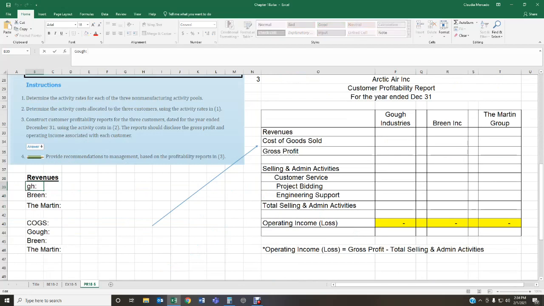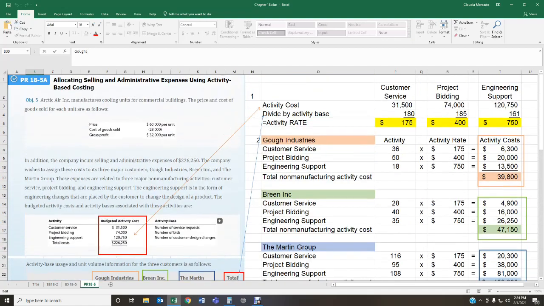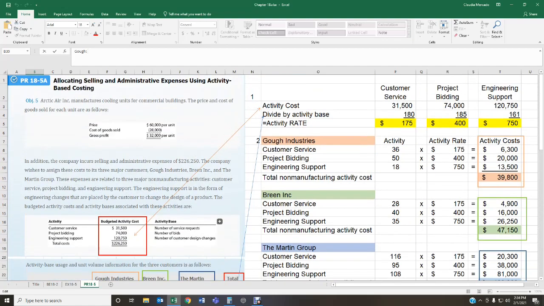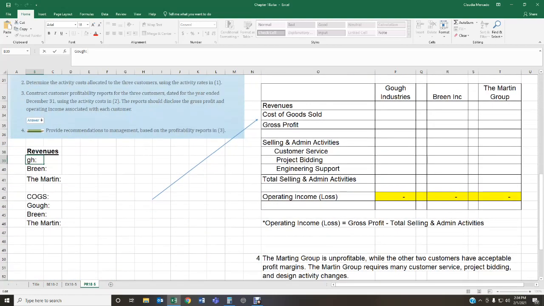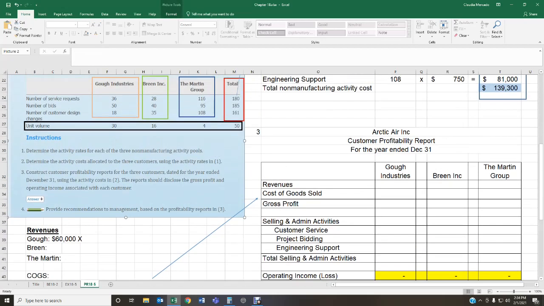According to the problem, the price that we sell each of our units is $60,000. So we sell each of our cooling units at $60,000. I'm going to get the $60,000 and multiply it by the number of units that we sold. According to the problem, Go purchased 30 units.